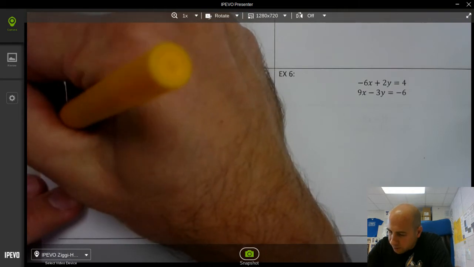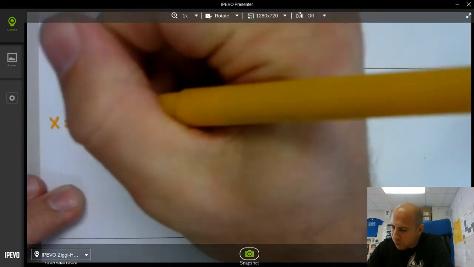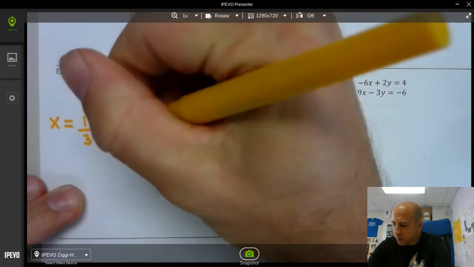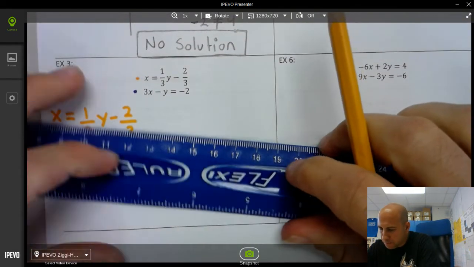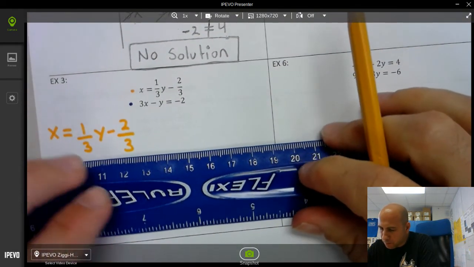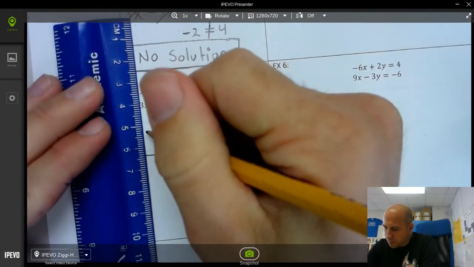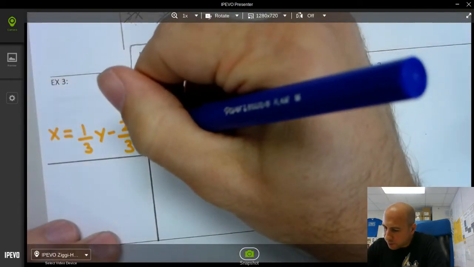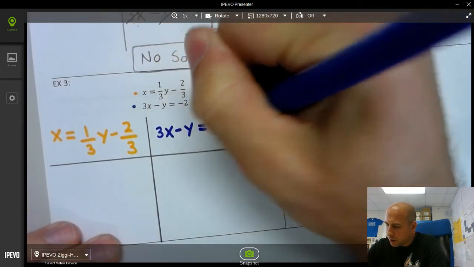So x equals 1/3 y minus 2/3. All right, and then 3x minus y equals negative 2.